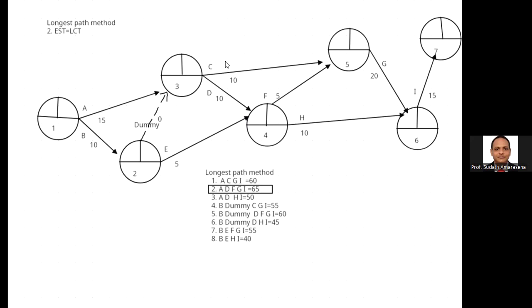According to this 65, you can say the entire project completion time is 65.